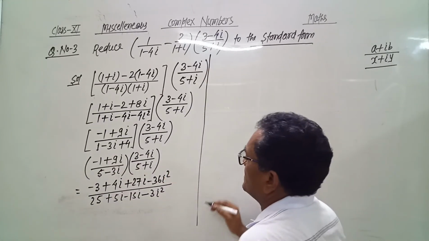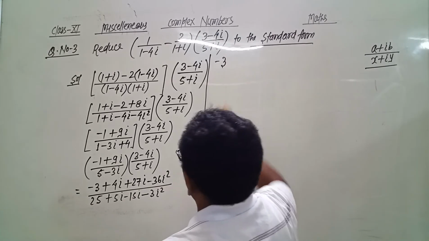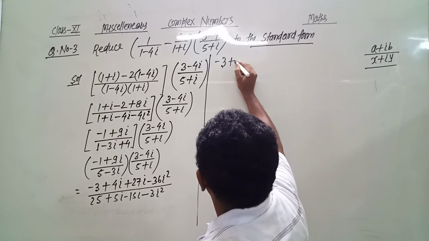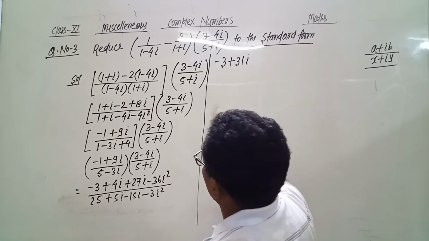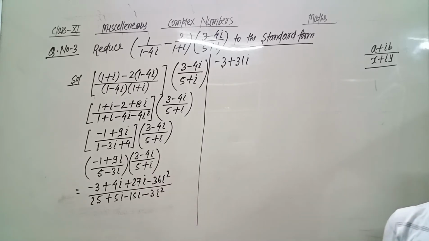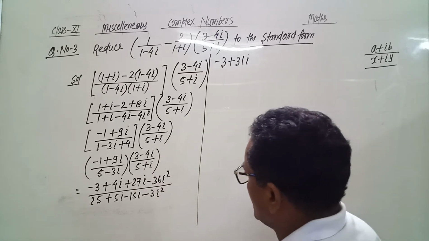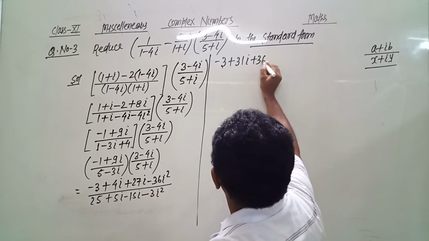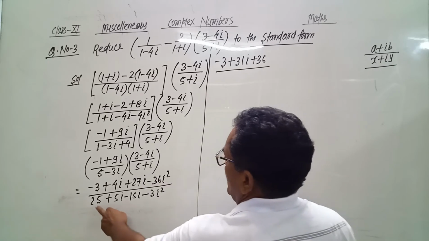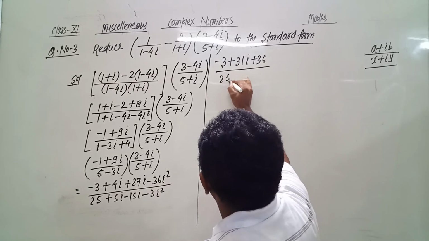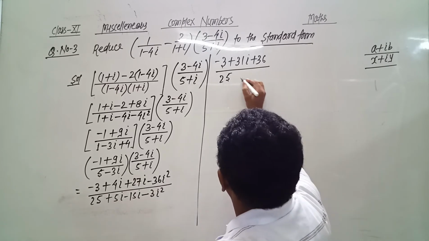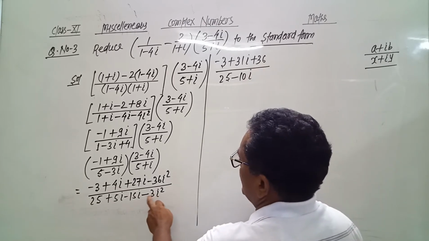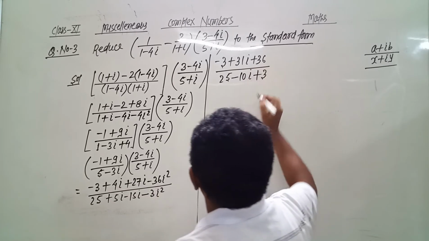Now minus 3 plus 4 iota and plus 27 iota, it gives plus 31 iota, and iota square is minus 1 minus minus plus 36 upon 25, and 5 iota minus 15 iota minus of 10 iota, and iota square minus 1 minus minus plus 3.